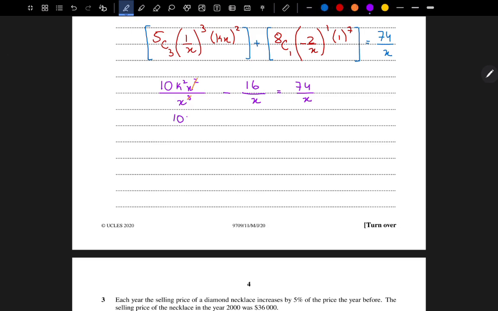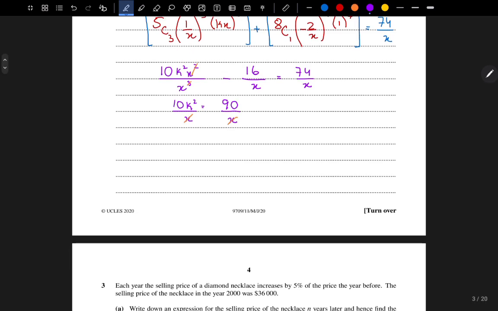10k squared upon x equals 90 upon x. Again cancel out the x values, and we can also cancel out 10 and 90 for 9, and this will give us k squared equals 9, or k equals 3, or k equals minus 3.